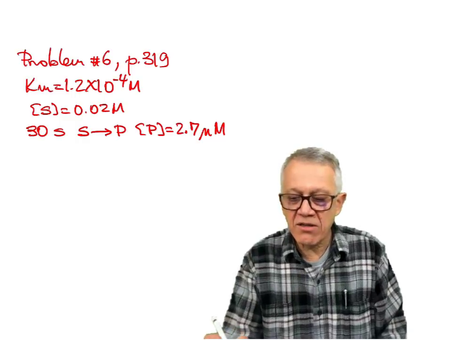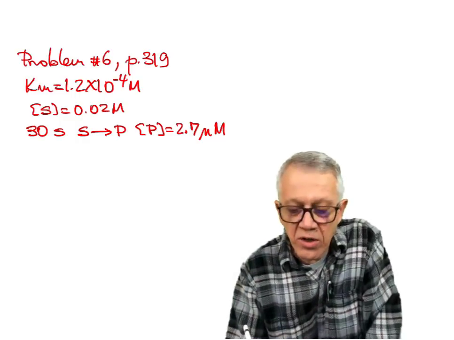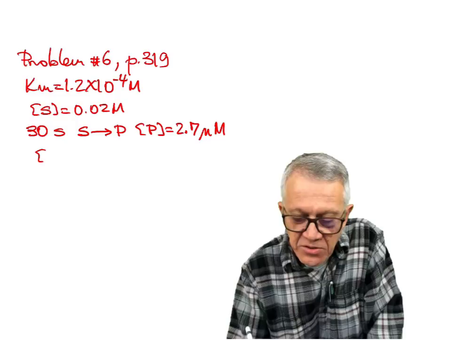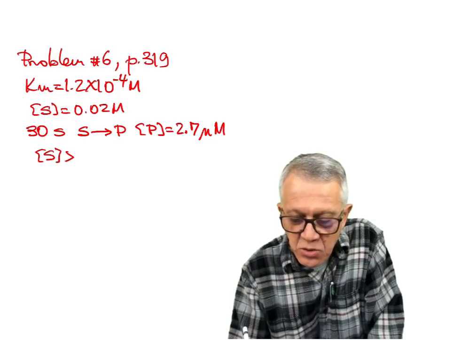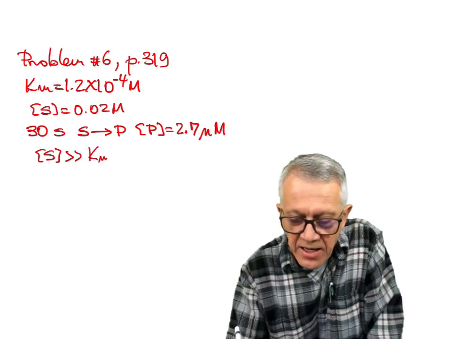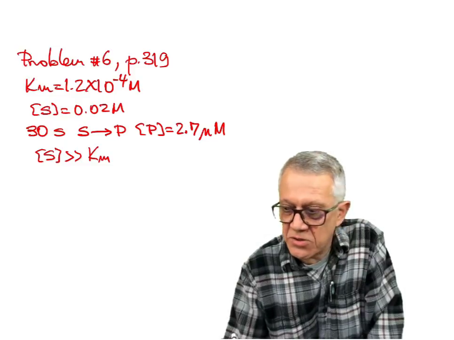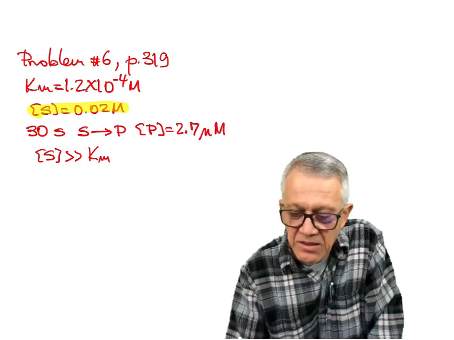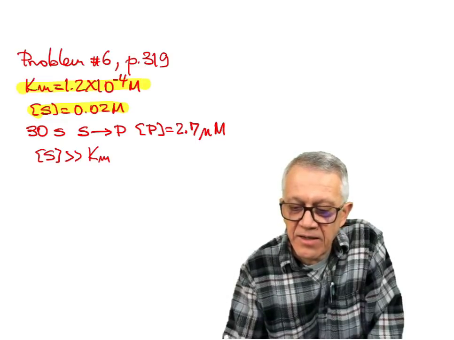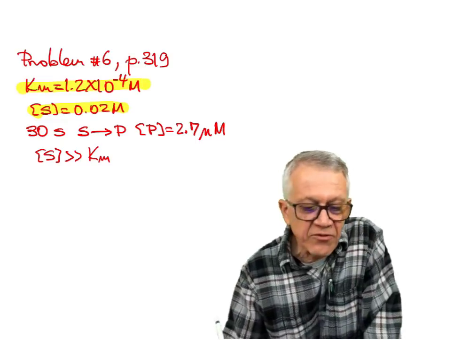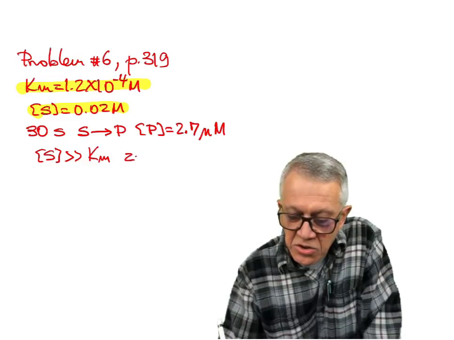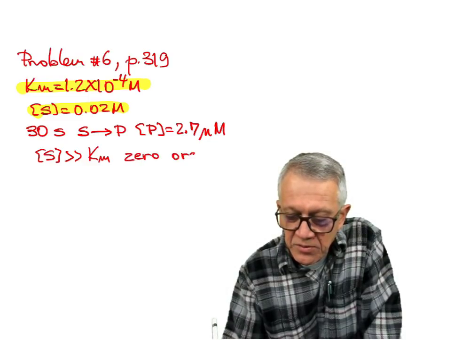One important issue here is that we are working at a very high concentration. The substrate concentration is way higher than the Km, right? Therefore, we are in a zero order reaction.